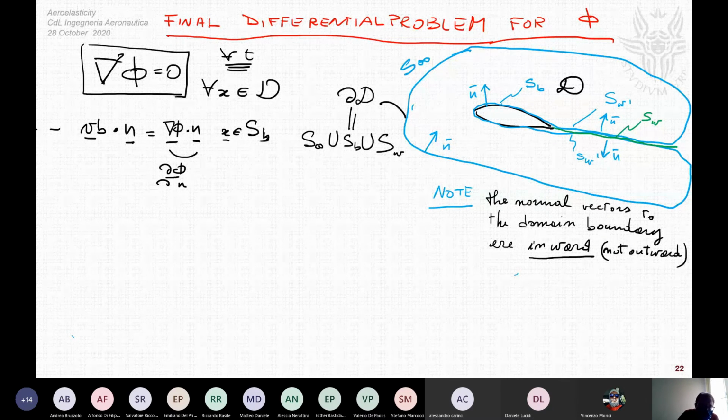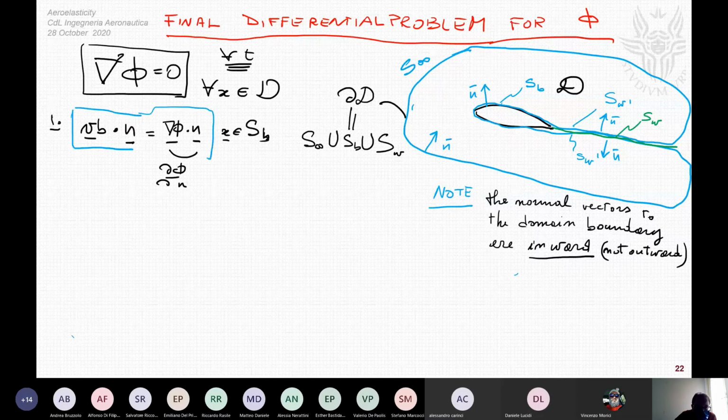First boundary condition, for x on S body.